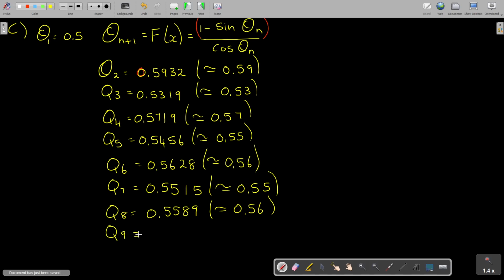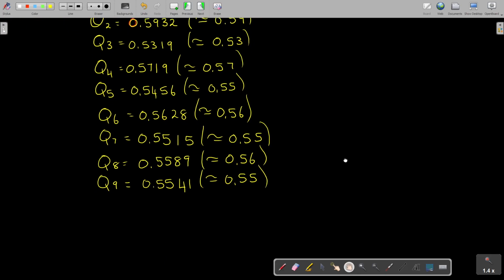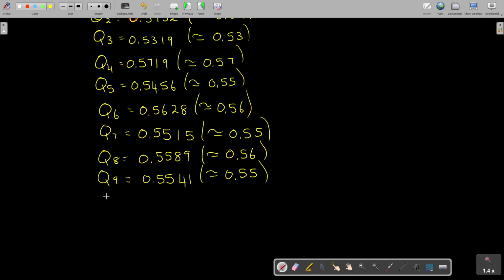So equals, so it's 0.5541. And that's 0.55. And I continue until I get consecutive. Okay, and then I go for theta 10. So equals, so 0.5572.